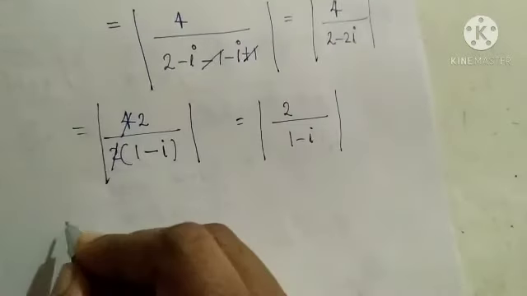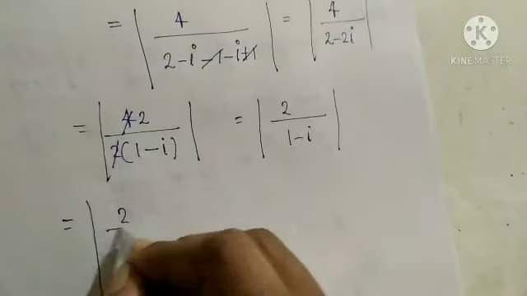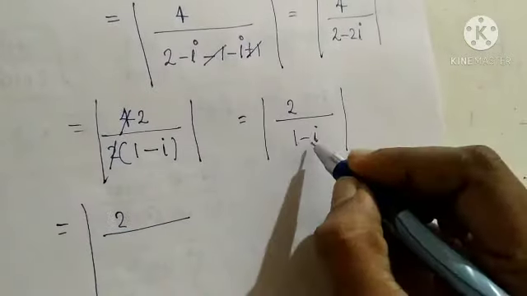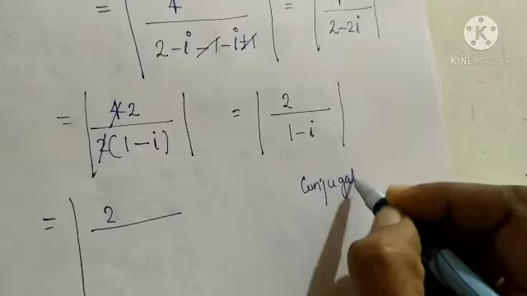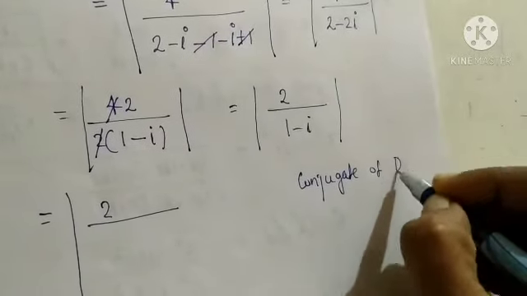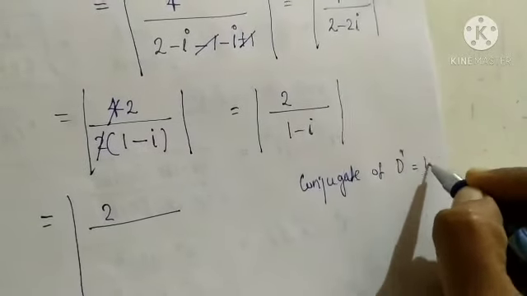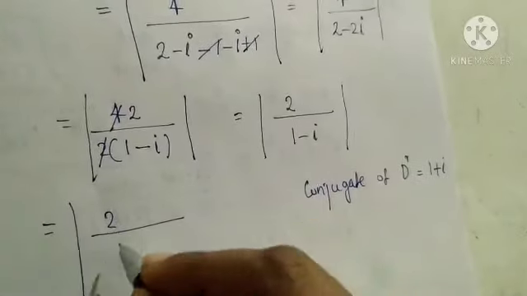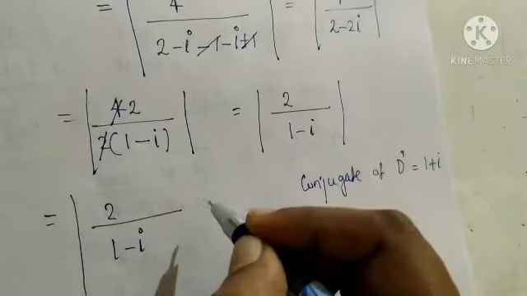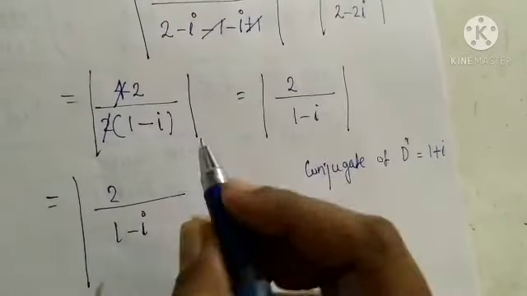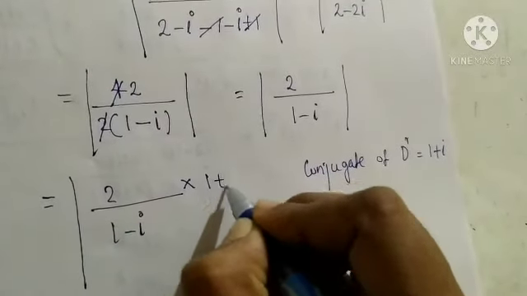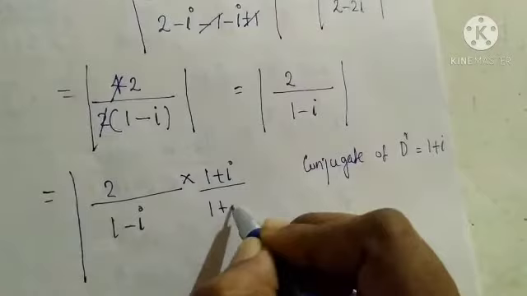Okay, so here I am going to take the conjugate of the denominator. The conjugate of the denominator is 1 plus i, and multiplying and dividing by 1 plus i, so it will become (1 plus i) divided by (1 plus i).